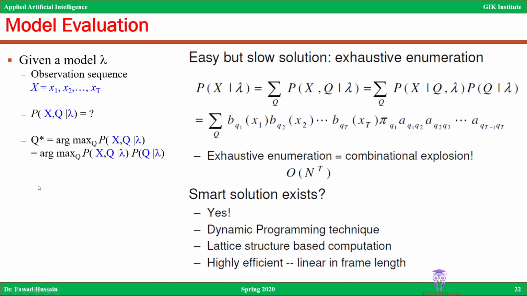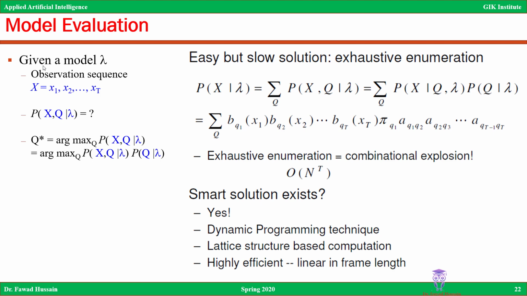So the first problem is given like this. Given a model lambda, and lambda is A, B and pi. A is the transition probabilities, B is the probability of selection of each colored ball in each jar, and pi is the initial set of jars, the probability of selecting the initial jar.